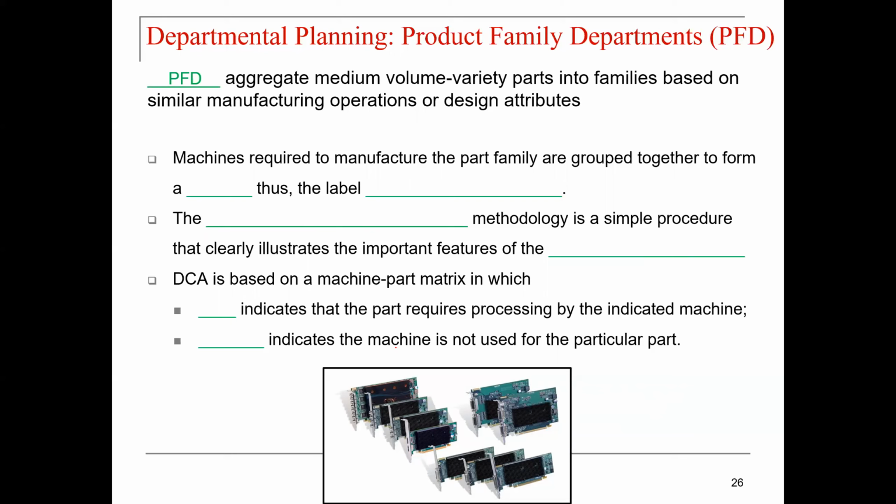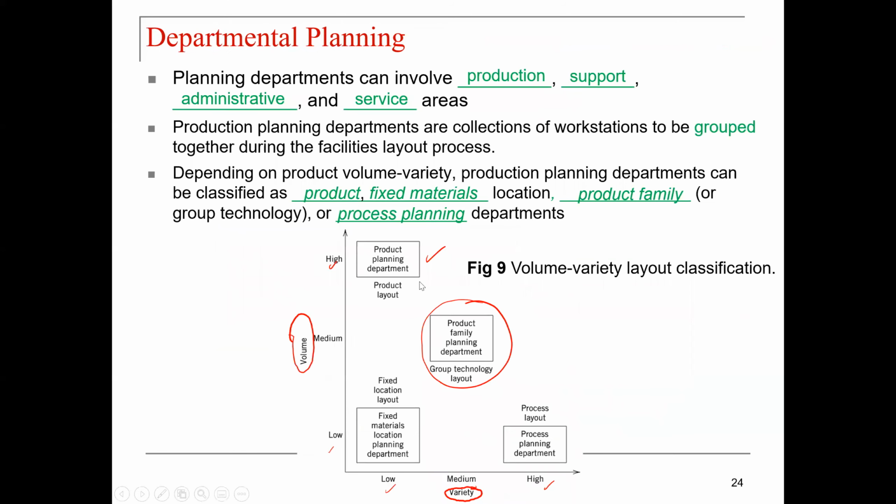So for product family departments, or PFD, aggregate medium volume variety parts into families based on similar manufacturing operations or design attributes. So if we go back here, product family departments are here in the middle.